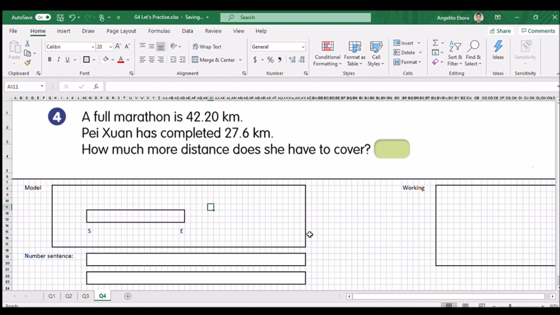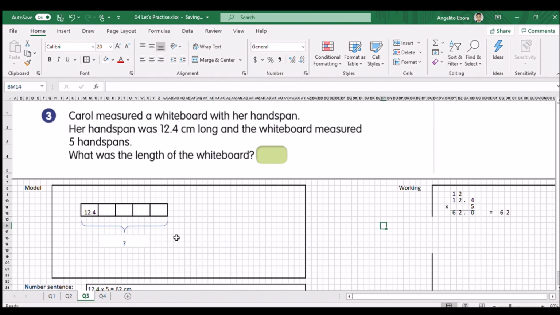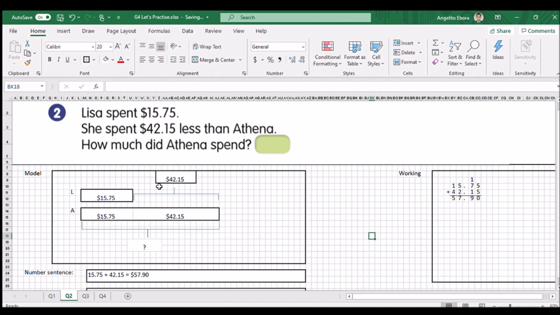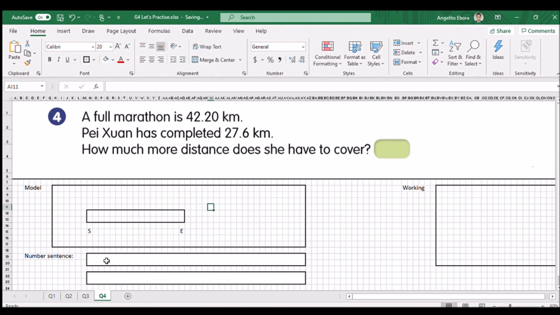So this one is our bracket. Just copy and then paste. Then let's write the distance, which is 42.20 kilometers.